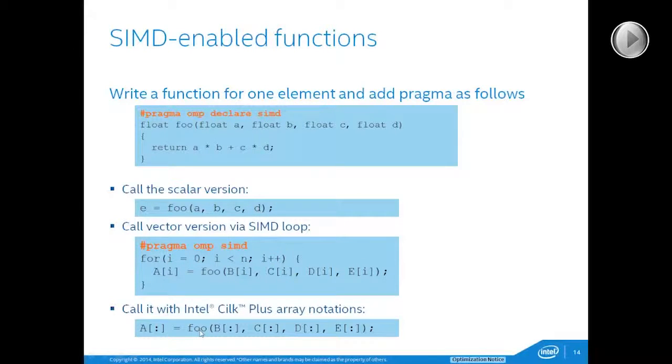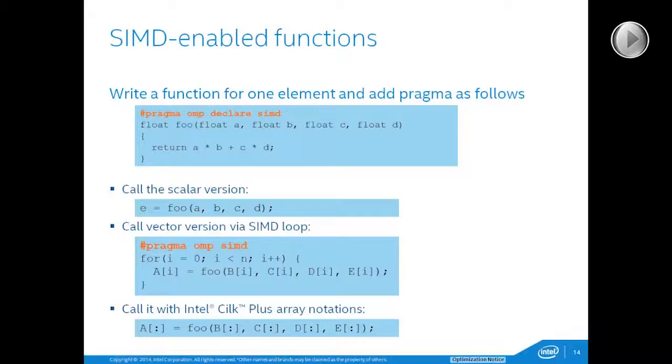Now there's another way to invoke the function foo using vector operands, and that's by using Intel Cilk Plus array notations. As you all know, array notation is a notation for the array by which you can explicitly specify the vector which you want to operate on. As simple as that, it's like a vector operand which you specify rather than the traditional scalar operands.